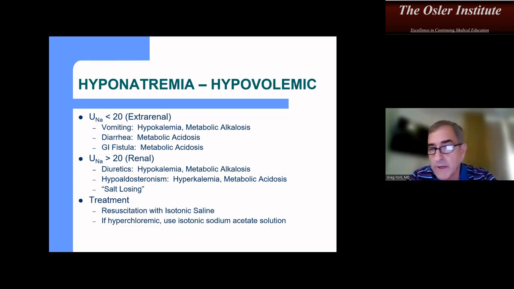You might see that with diuretic use, hypoaldosteronism. So the treatment for this patient would be resuscitation first with isotonic saline, to help solve the volume status and the hyponatremia. Obviously, if the patient's extremely hyperchloremic for some reason, you can use sodium acetate for that resuscitation.